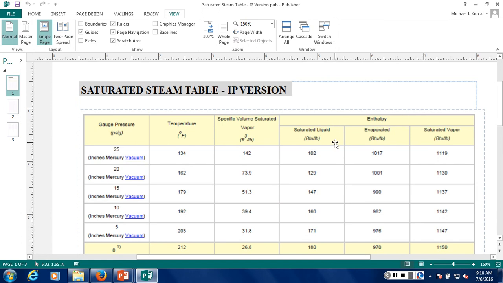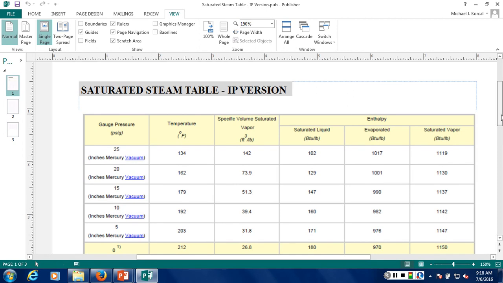The first column, the saturated liquid, is the number of BTUs it took, at that temperature and going to that pressure, to get the liquid to the point where it would boil.